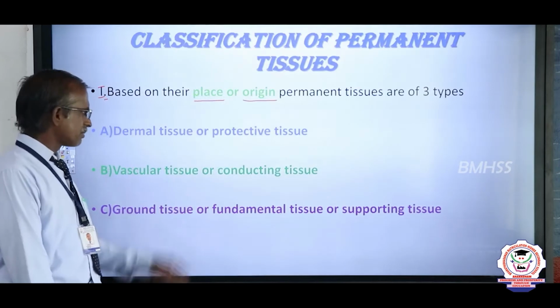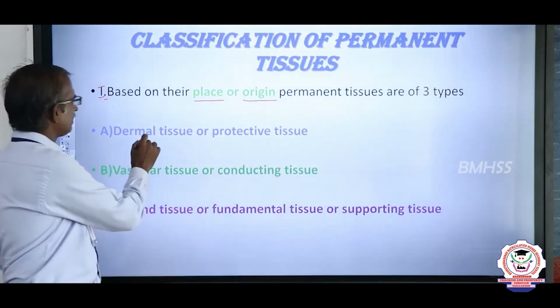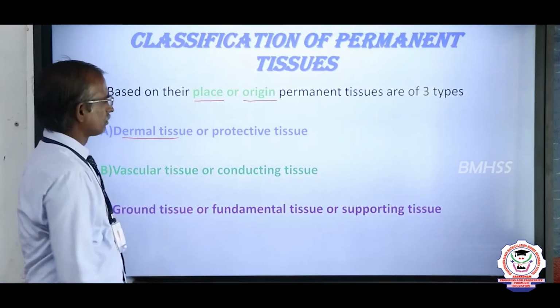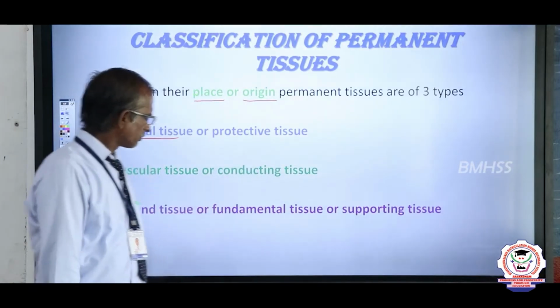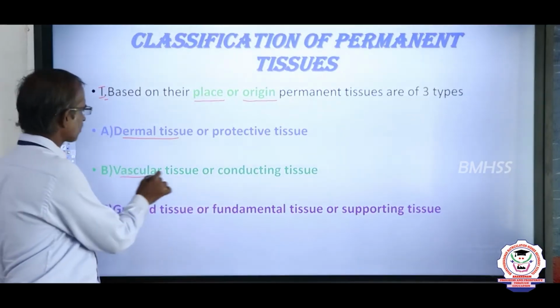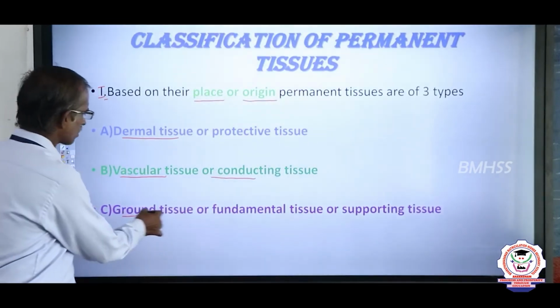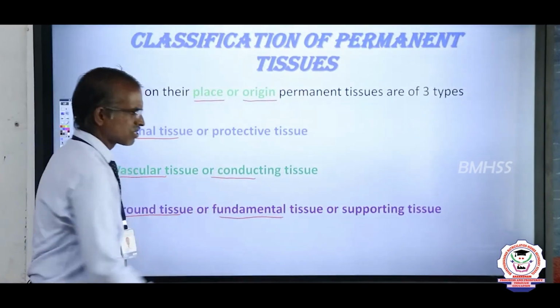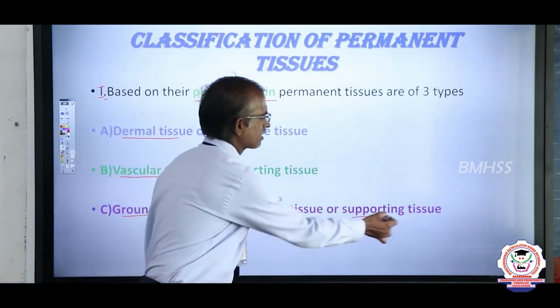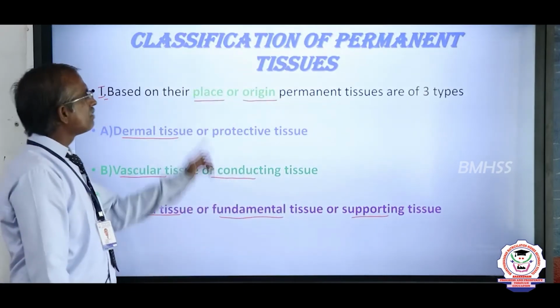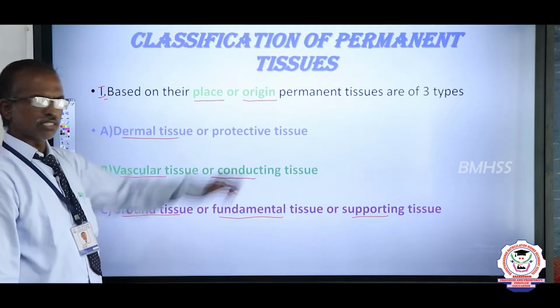What are the three types? Dermal tissue, which is a protective tissue. Second is vascular tissue, or conductive tissue. Third is ground tissue, or fundamental tissue, or supporting tissue.